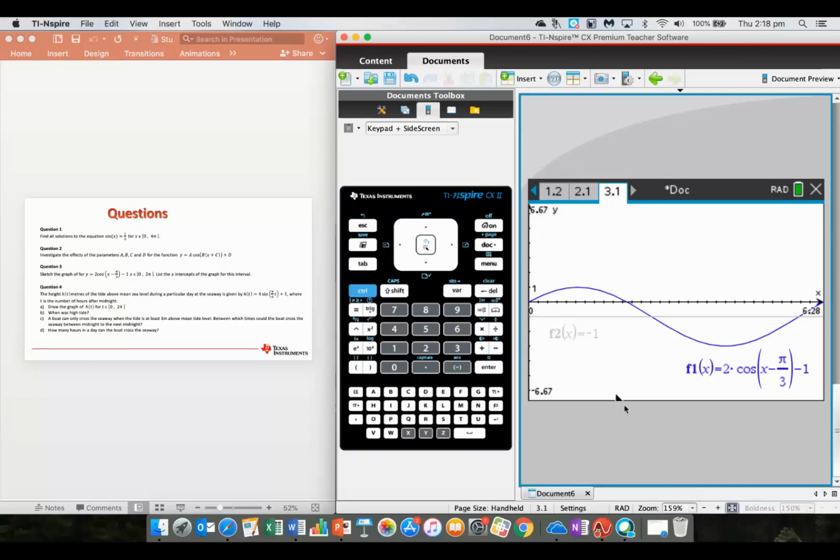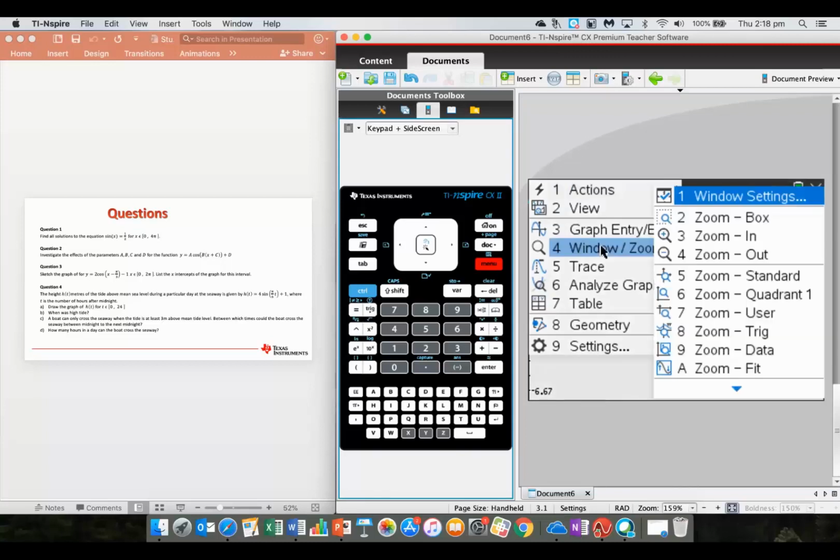The problem here is that the automatic axis doesn't really help me find the value of the x-intercept. We can do a bit of trial and error, but because this is shifted by pi on 3, let's change the window settings.